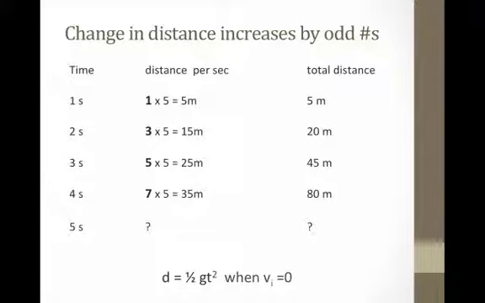But maybe some of you don't like to do things so conceptually, so mathematically you could have solved for it with the equation at the bottom of the screen. The equation is d equals 1/2 gt squared. But this equation only works when the initial velocity is 0. So be careful there. D is your distance, g is your acceleration due to gravity, and t is your time.